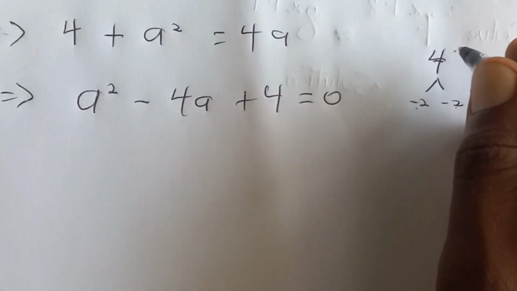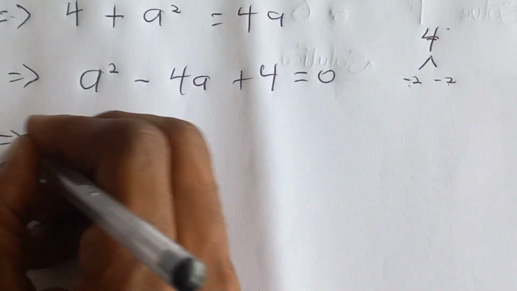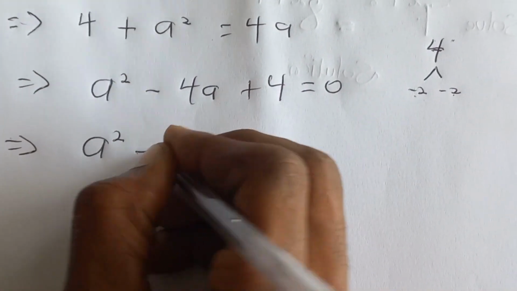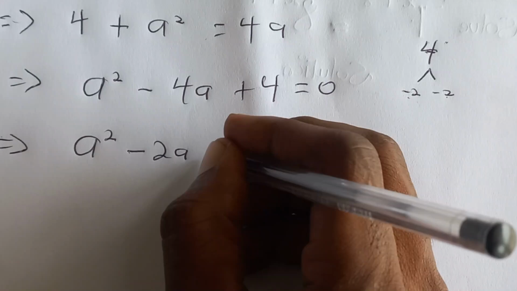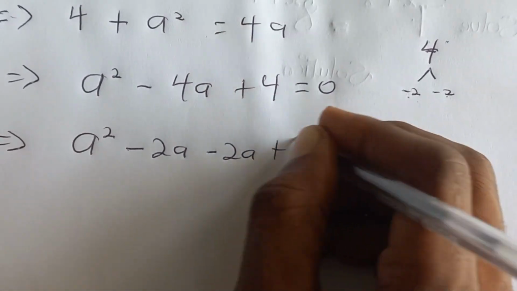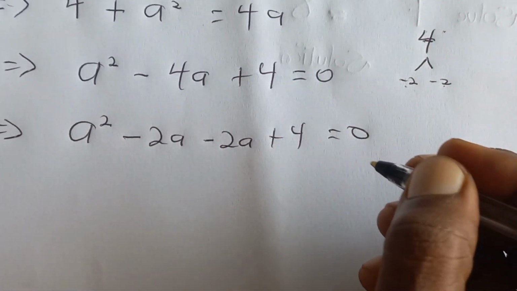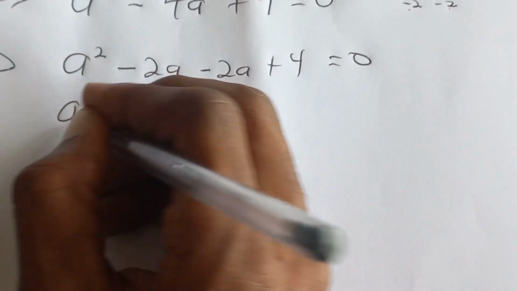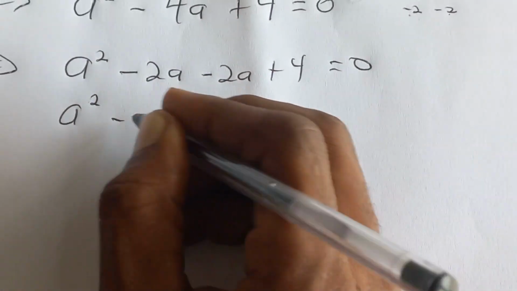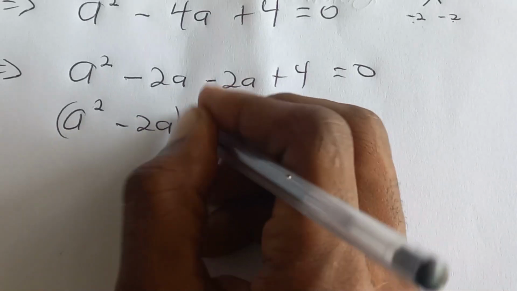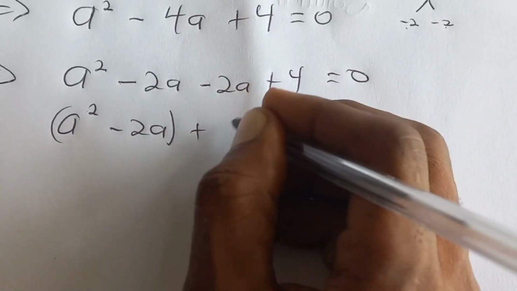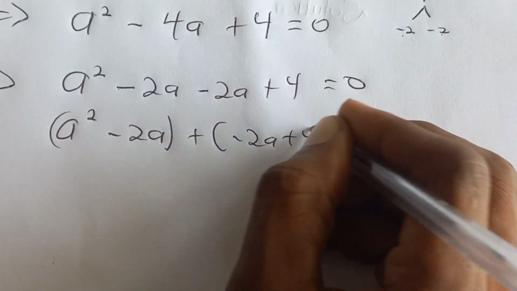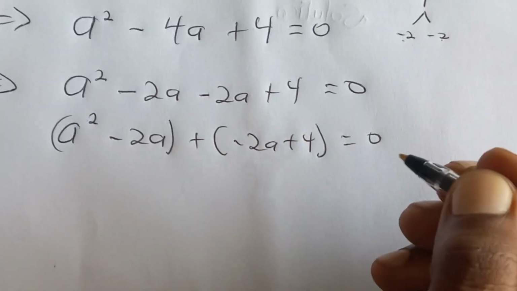Negative 2 times negative 2 is 4. So it means that we can express this as a squared minus 2a minus 2a plus 4 is equal to 0. So you can get a squared minus 2a in one bracket plus minus 2a plus 4 in another bracket, which is equal to 0.